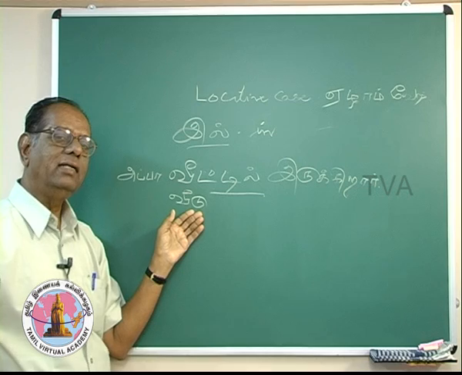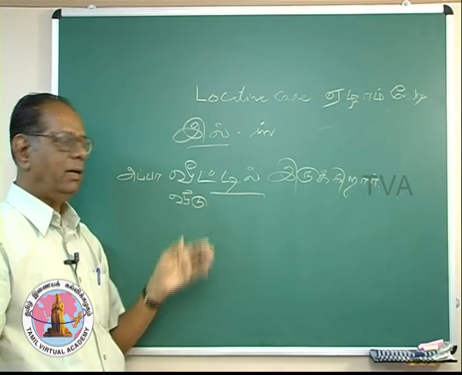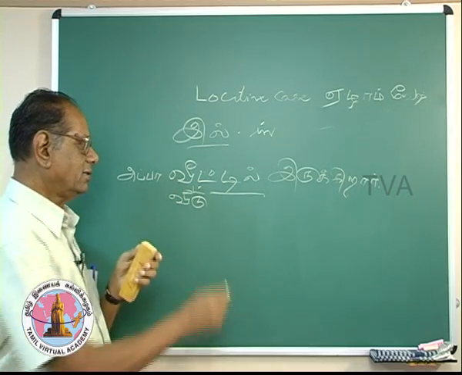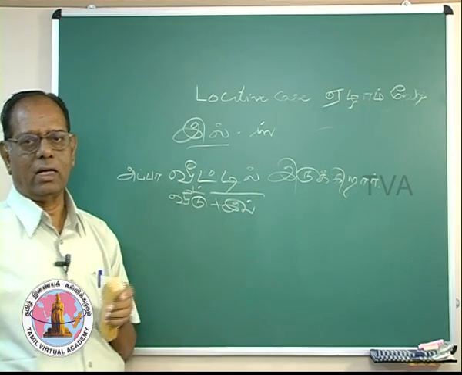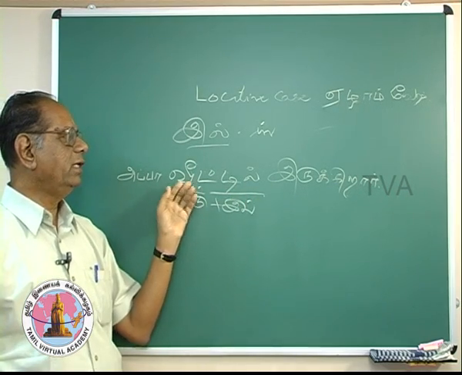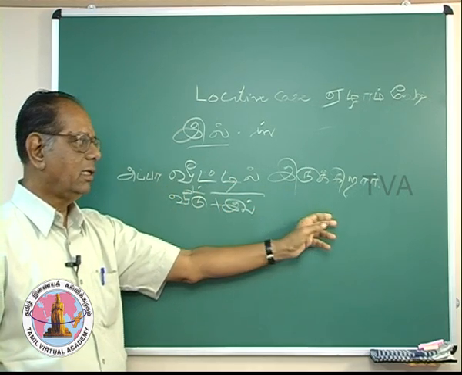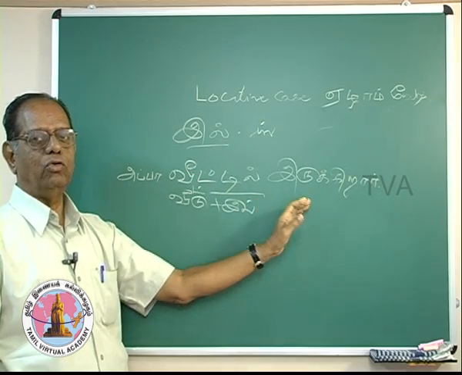As we had already seen, Veedu gets doubled and becomes Veettu first of all and then takes up the case marker. So this is Veetil. Appa Veetil Irukkirar. Father is in the house.